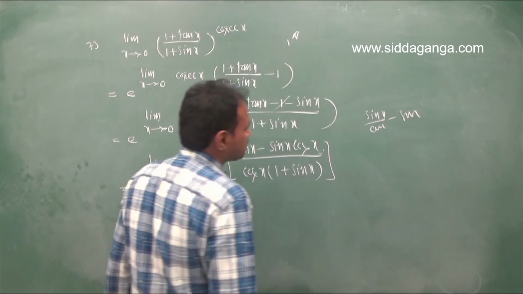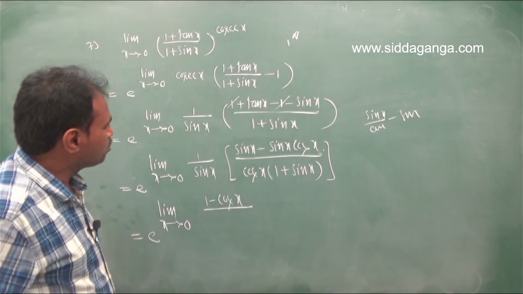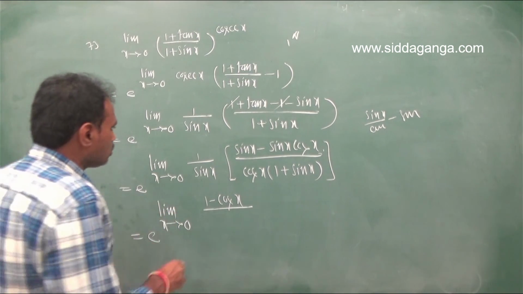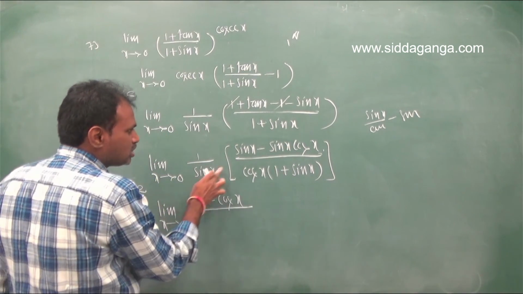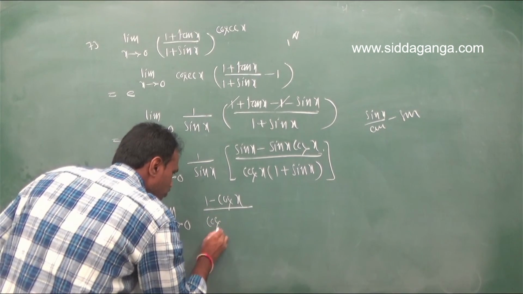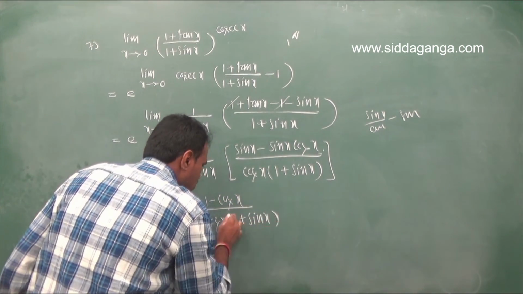Therefore, sin x minus sin x into cos x by cos x, that cos x comes down. Therefore, take sin x common, that sin x will cancel, therefore (1 − cos x)/(cos x (1 + sin x)).